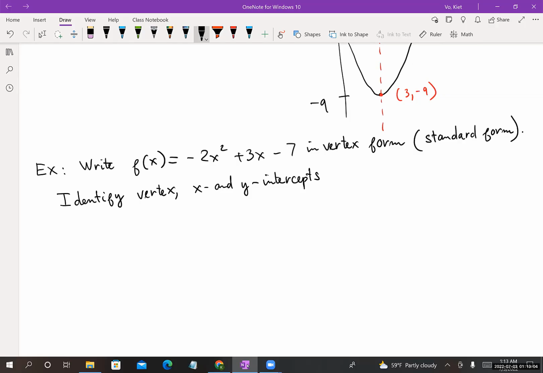Of course, there's going to be a y-intercept, but you might not have an x-intercept. If you remember the discriminant, which is the quantity b squared minus 4ac, if that quantity is less than 0, then there would be no x-intercept. Then the y-intercept and axis of symmetry.